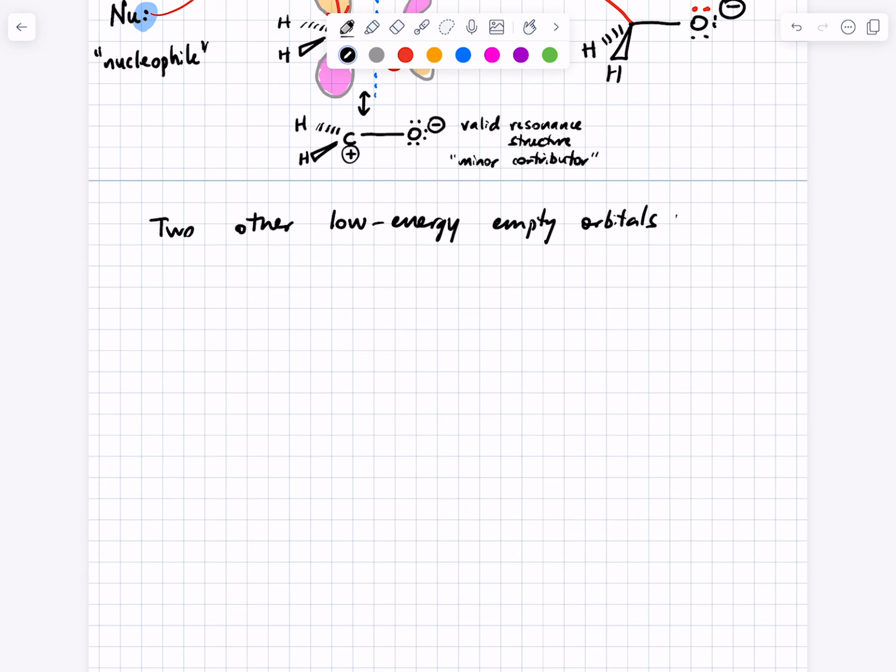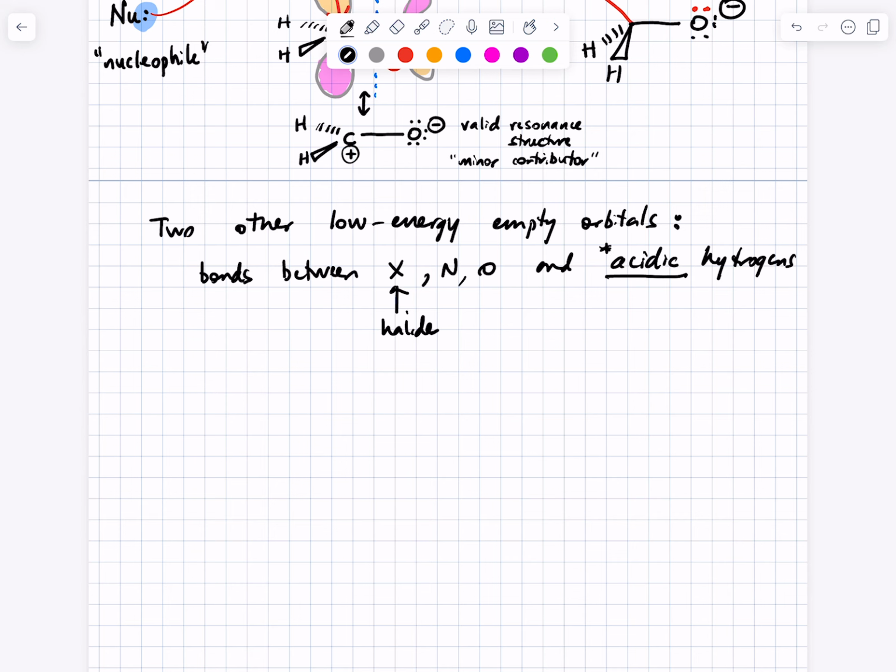But two other kinds of low energy empty orbitals relate to bonds between halides, which I'm abbreviating as X, nitrogen or oxygen, and acidic hydrogens. What do I mean by acidic hydrogens? Stay tuned on that, because we're going to learn about that probably tomorrow.